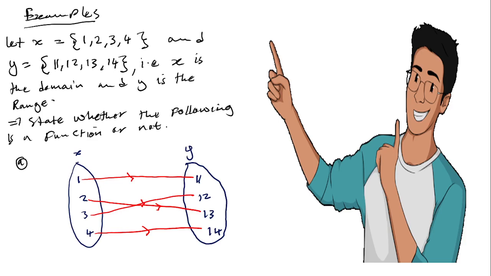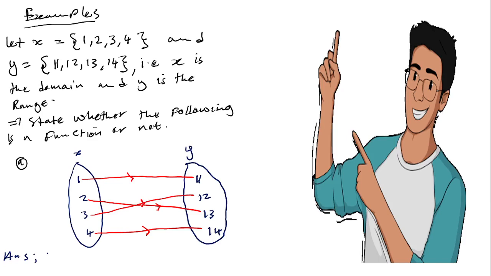Okay, it's a function, correct. So in this case, this is a function, because every member of the domain has the range.